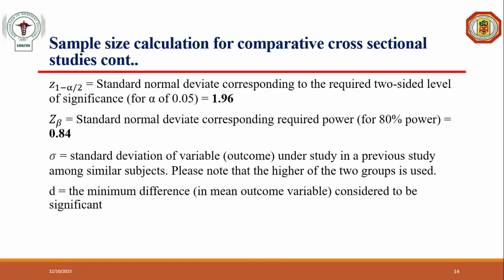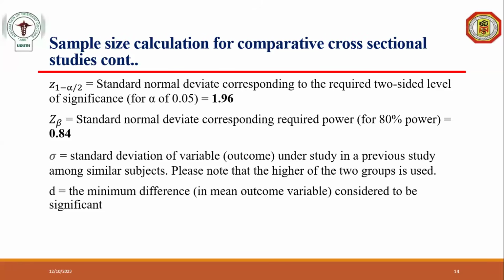So in this case, maybe you want to compare the mean knowledge of hypertension between rural and urban population. So you are going to select one standard deviation from a previous study. So which one are you going to use? Is it that of the rural or that of the urban? The one that you are going to use is the one with the highest value.